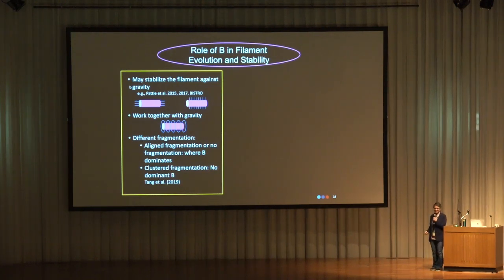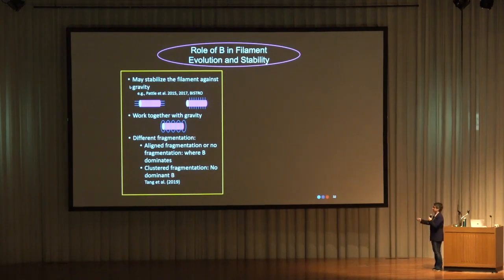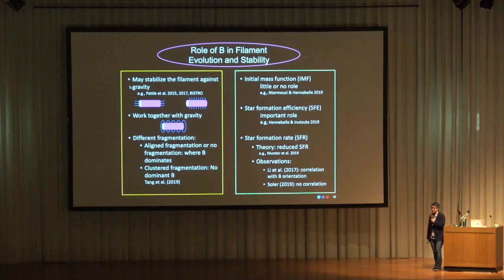Toroidal magnetic fields, if they exist, can squeeze the filament further and work together with gravity. Based on these geometries, different fragmentation modes, for example aligned or clustered fragmentation, have been proposed.